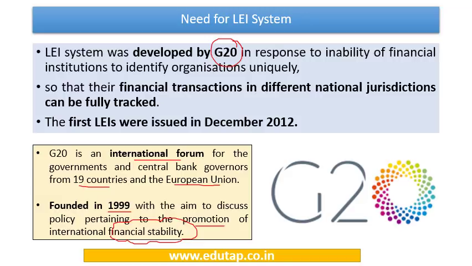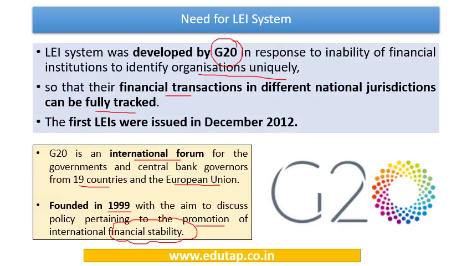So this was developed by G20 in response to the inability of the financial institutions to identify organizations uniquely. Financial institutions must be able to identify an organization uniquely in order to make sure that the financial transactions of any organization, in any jurisdiction across the world, can be fully tracked.